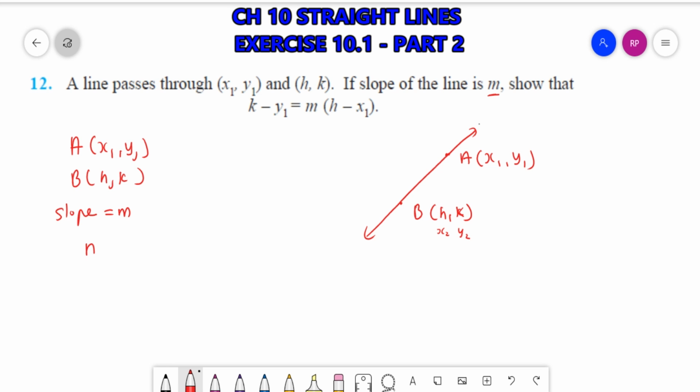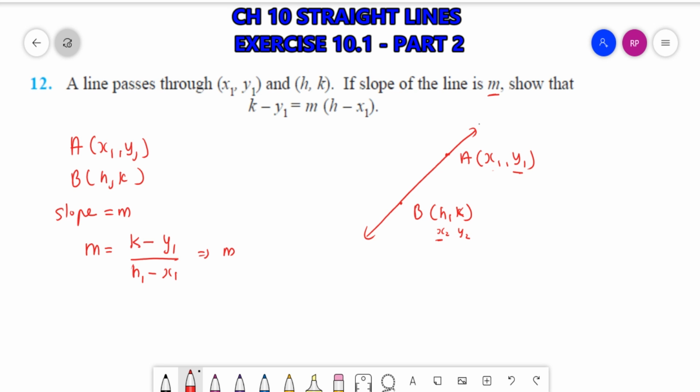So here m will be equal to y2, that is k, minus y1, upon x2, here it's h, minus x1. So what does this imply?